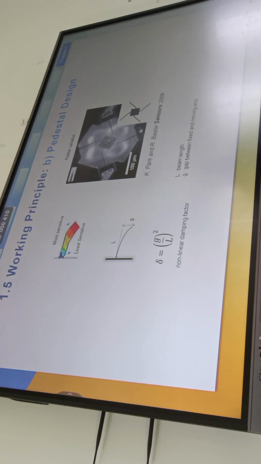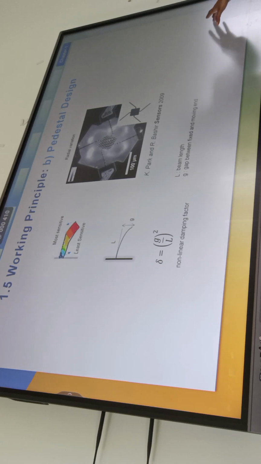It has been proposed that this mass sensitivity problem can be tackled by modifying the design of the cantilever, that is, the four-side fixed-end cantilever. In the general cantilever, I have included the non-linear damping factor, where L is the length of the beam and G is the gap between the fixed end and the beam.